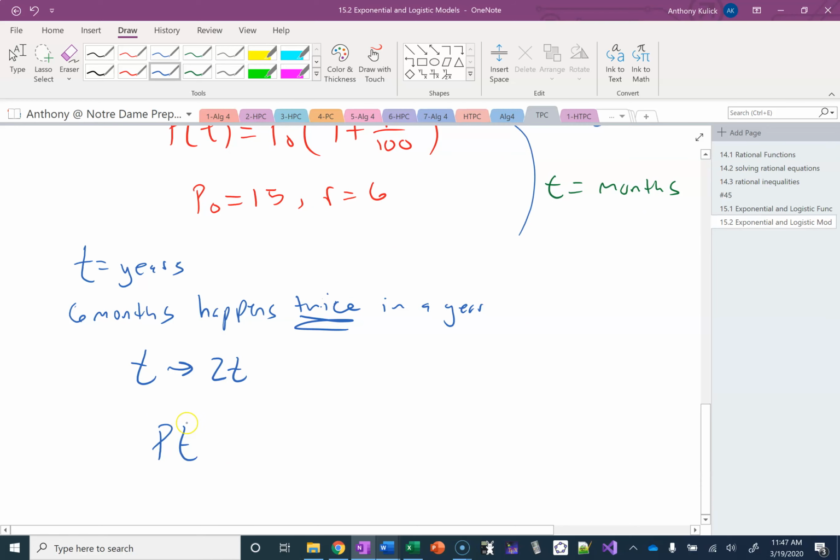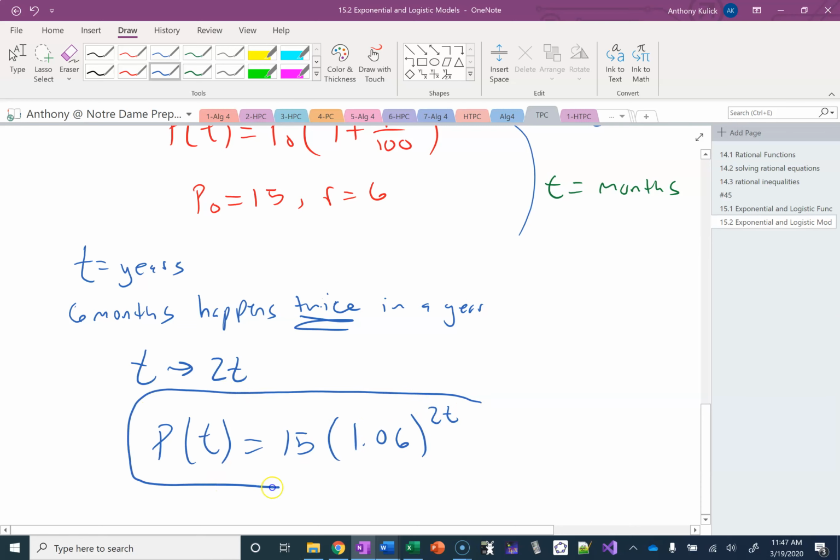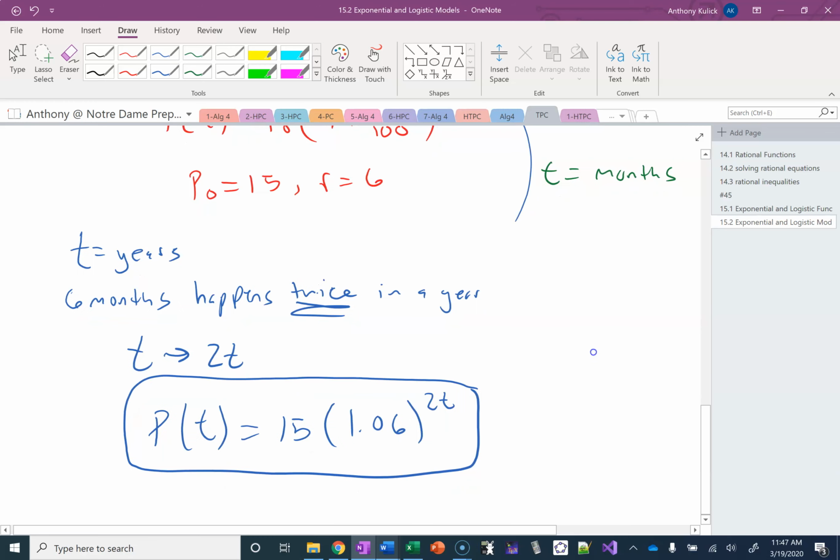So our model then would be P of t equals 15 times 1.06 to the 2t. So every year we get 2 of those 6% increases because that 6% increase is happening every 6 months. So that should happen twice inside of 1 year.